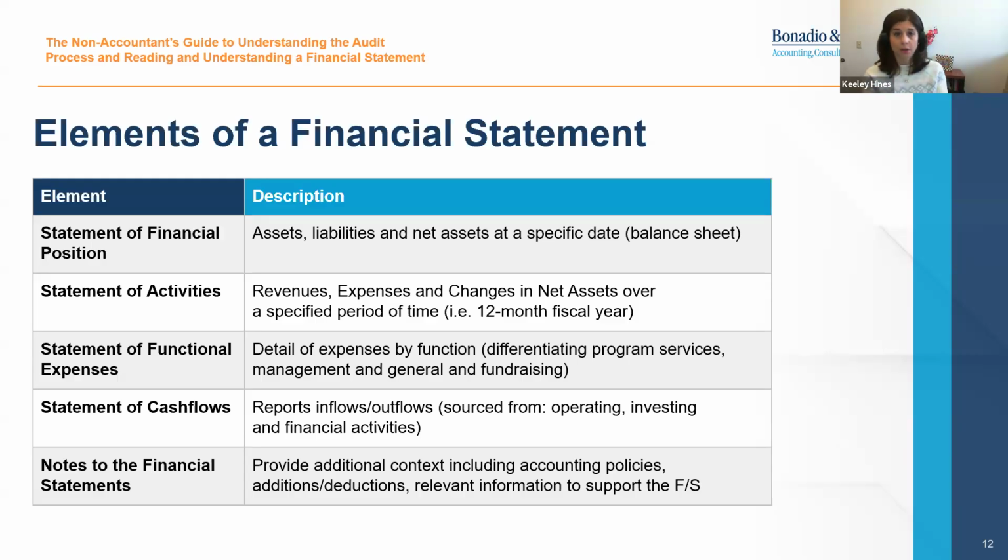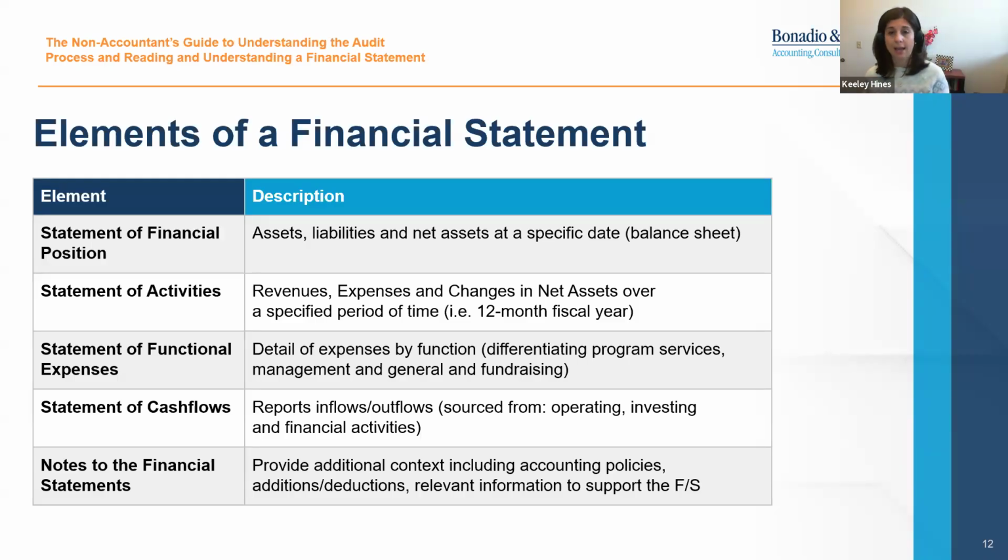So if you go to your financial statement and say, okay, my balance was $50,000 last year and it's $100,000 this year, how do I know what changed in that 12-month period?